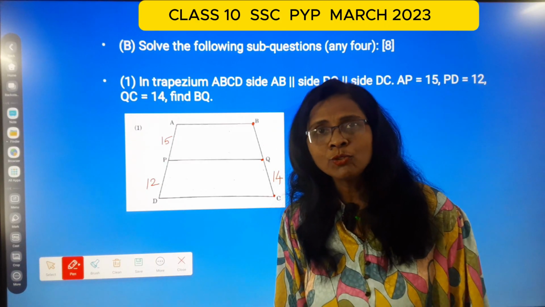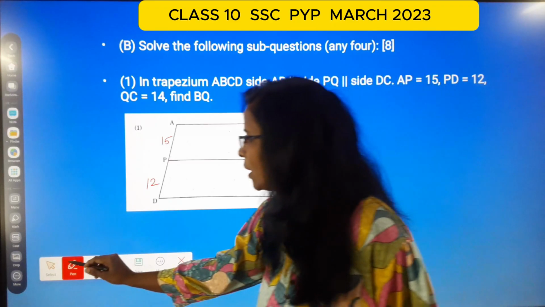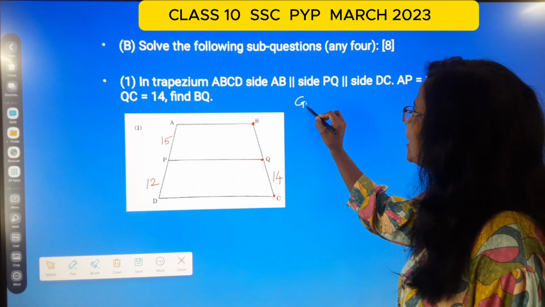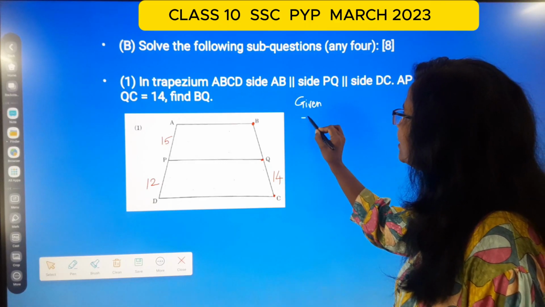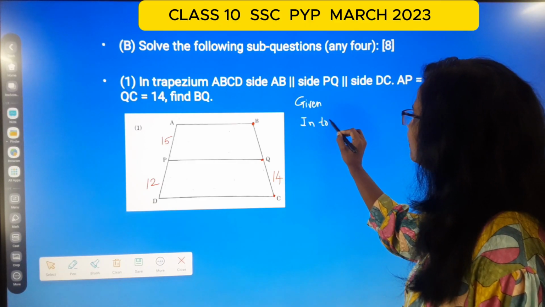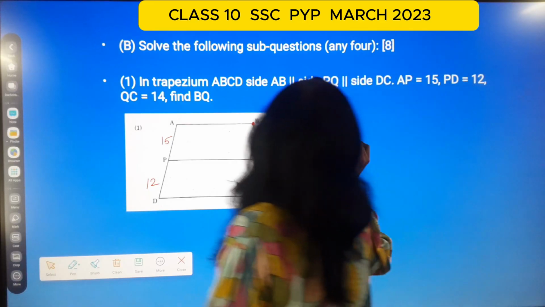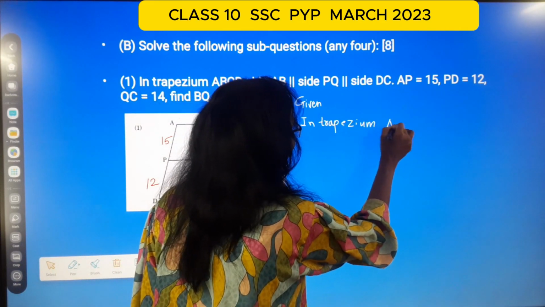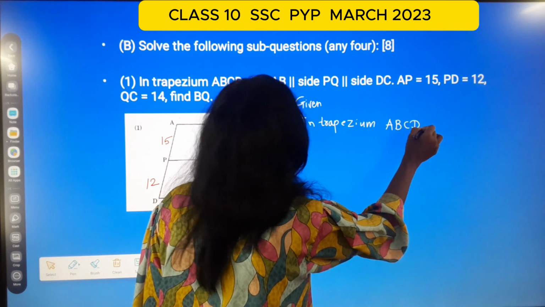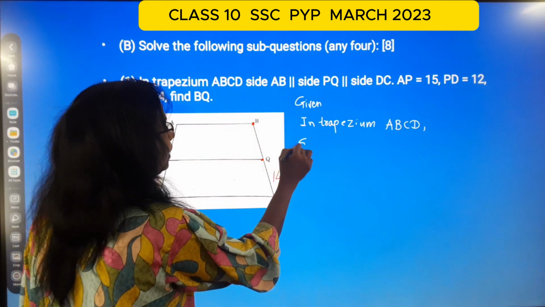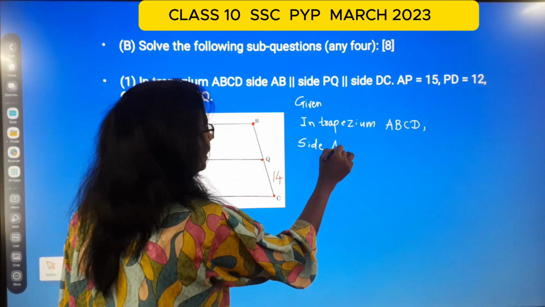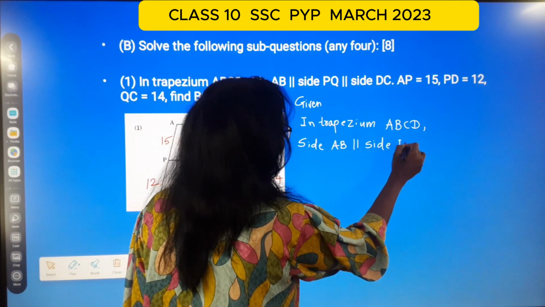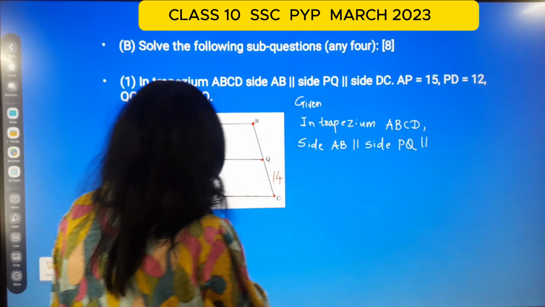Now here students, the given information is that in trapezium ABCD, side AB is parallel to side PQ parallel to side DC.